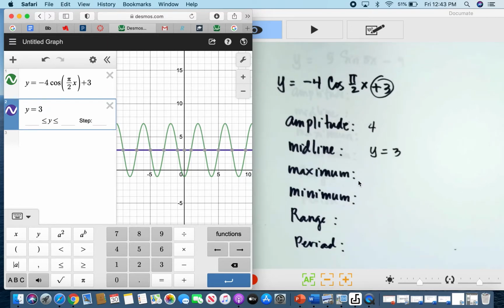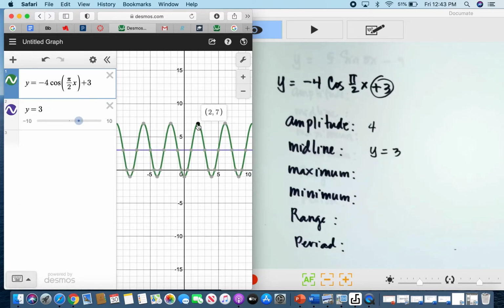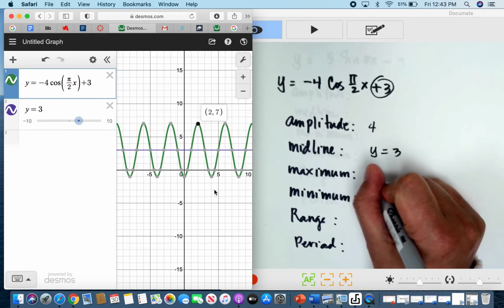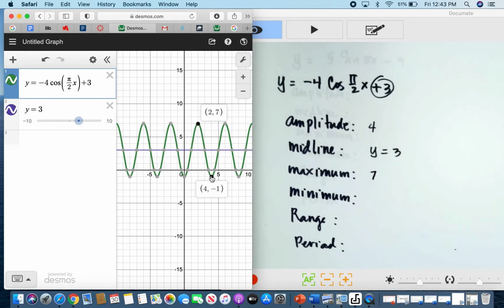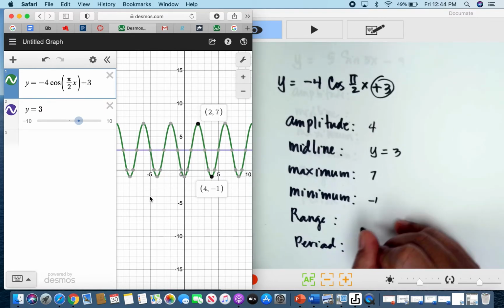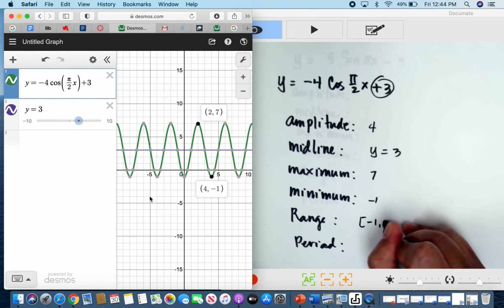From the graph, you would see that the maximum is 7 and the minimum is -1. Those are supposed to be the values of your y, not your x, because the domain will be from -infinity to +infinity unless you restrict the values of your angle. So the range now would be from -1 to 7.